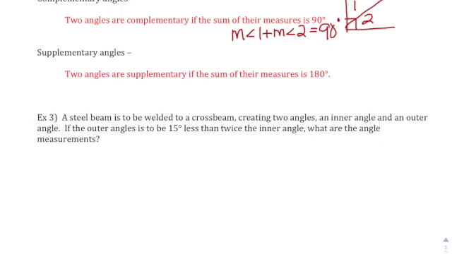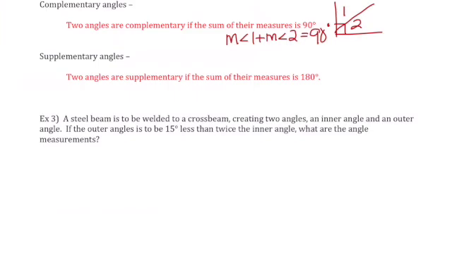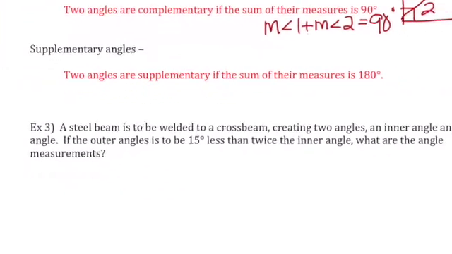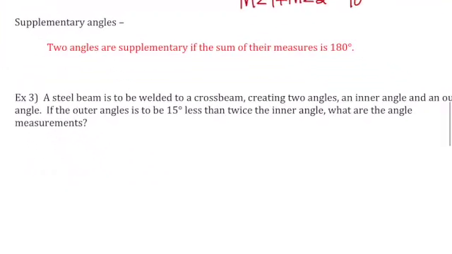Okay, and the next one is supplementary angles. Two angles are supplementary if the sum of their measurements is 180 degrees. And here's a picture of that.